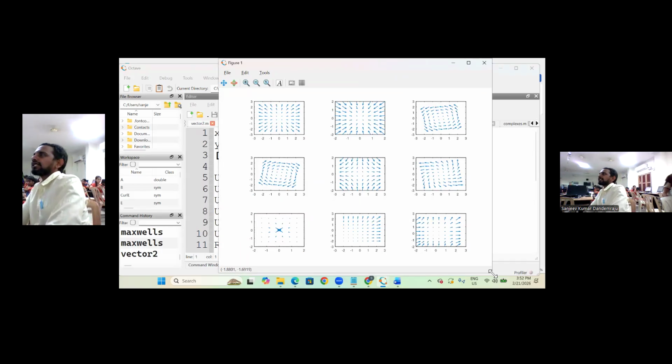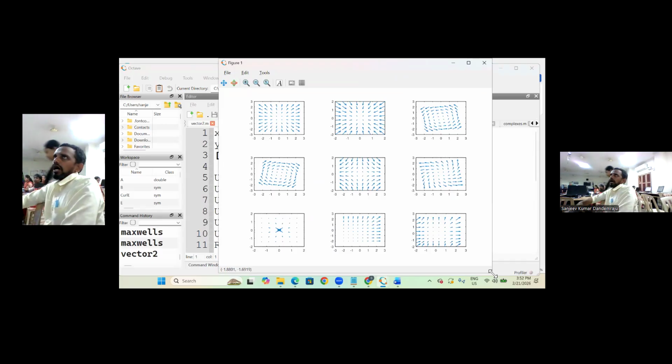The first one is radially outward. The vectors are moving away from the origin. Radially outward field. Second one is radially inward field. Third one, right circle or left circle? It is right circular field.